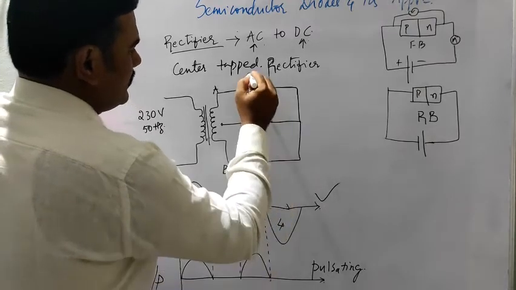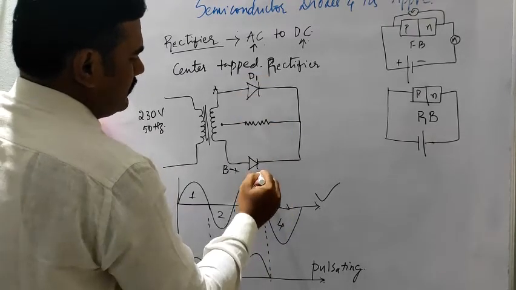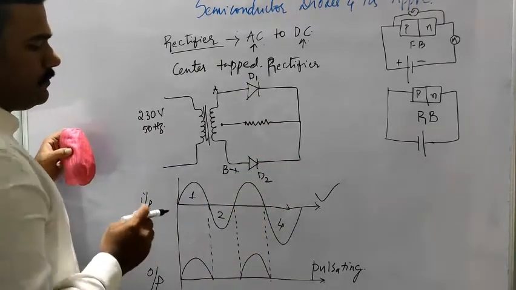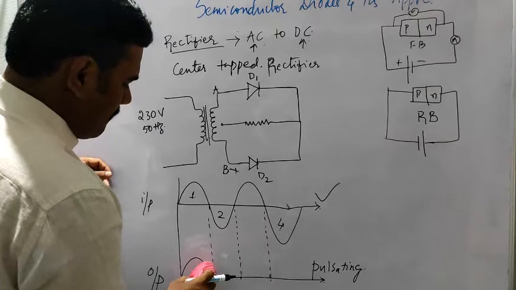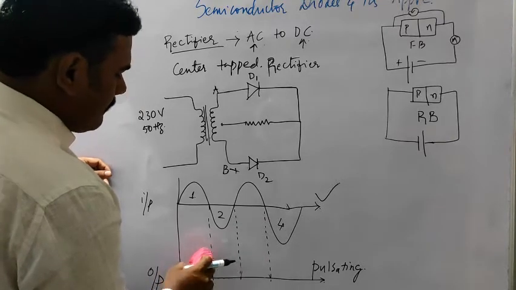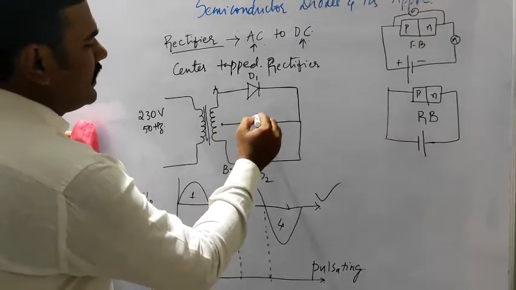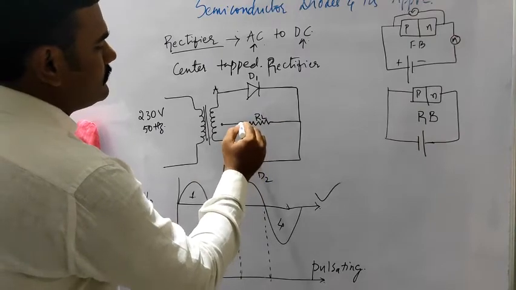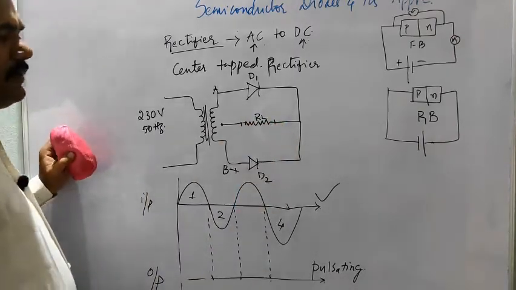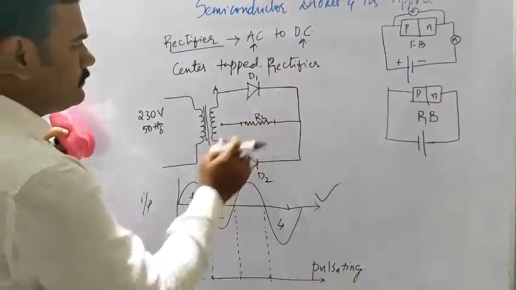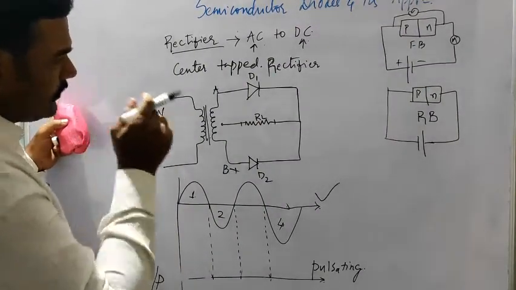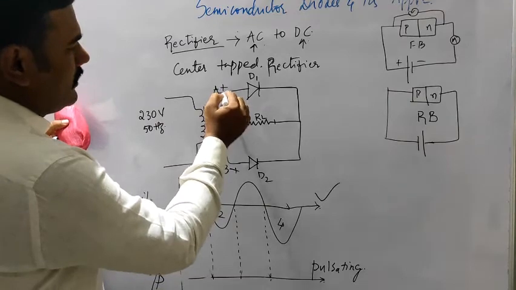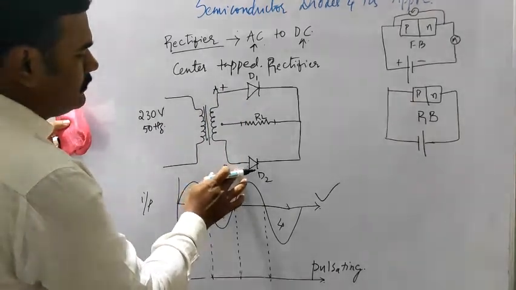We name this as D1 and this as D2. This is RL. We take the output across RL. Now when the first half cycle comes across the secondary, A becomes positive and B becomes negative.